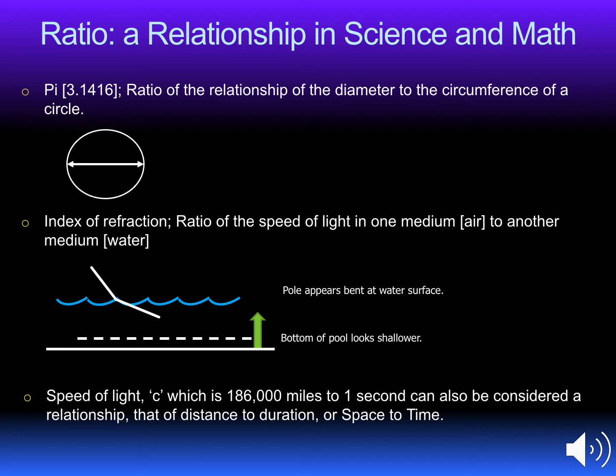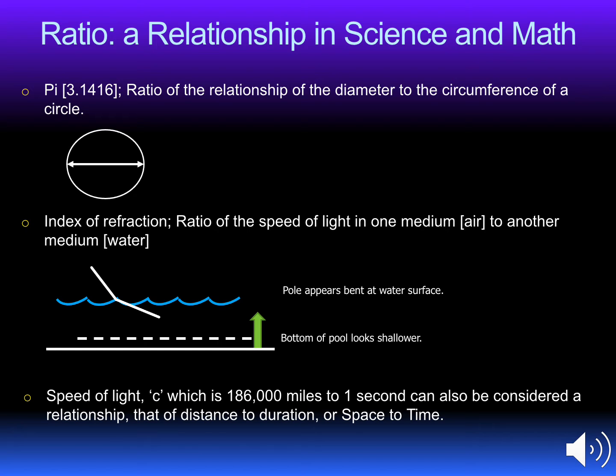And another ratio that we often don't think of as a ratio is the speed of light. And the speed of light, commonly in science and engineering denoted by the letter c, is 186,000 miles to 1 second, or 3 times 10 to the 8 meters to 1 second.